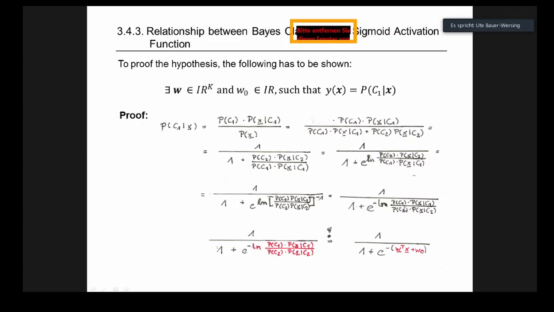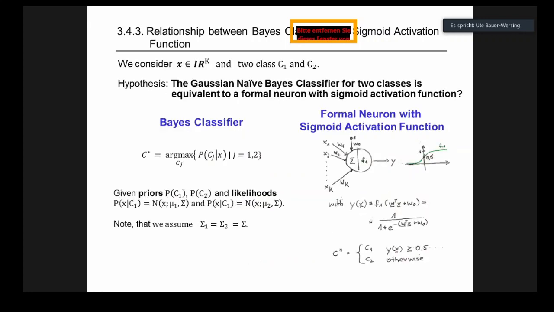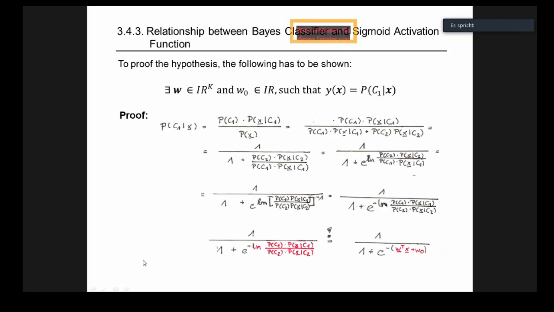Okay, and this looks very similar to the formal neuron with a sigmoid activation function: 1 divided by 1 plus the exponential function of a negative argument. Right?